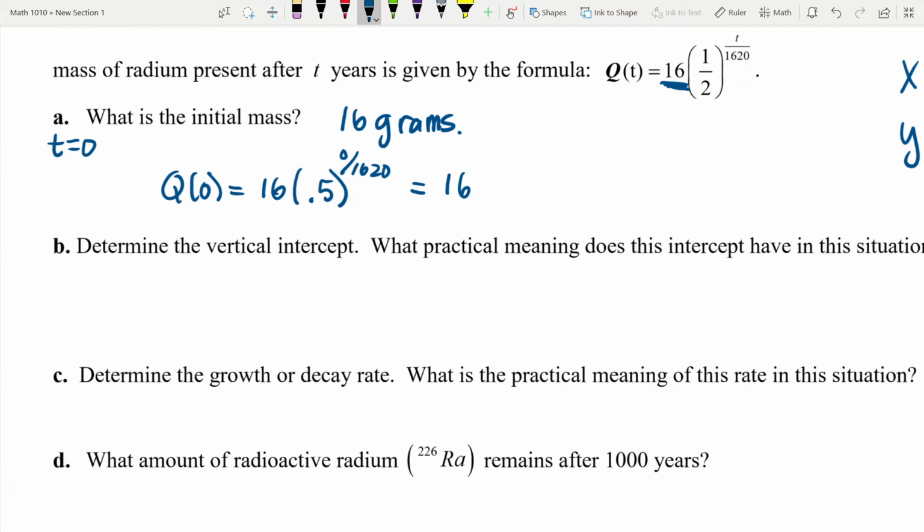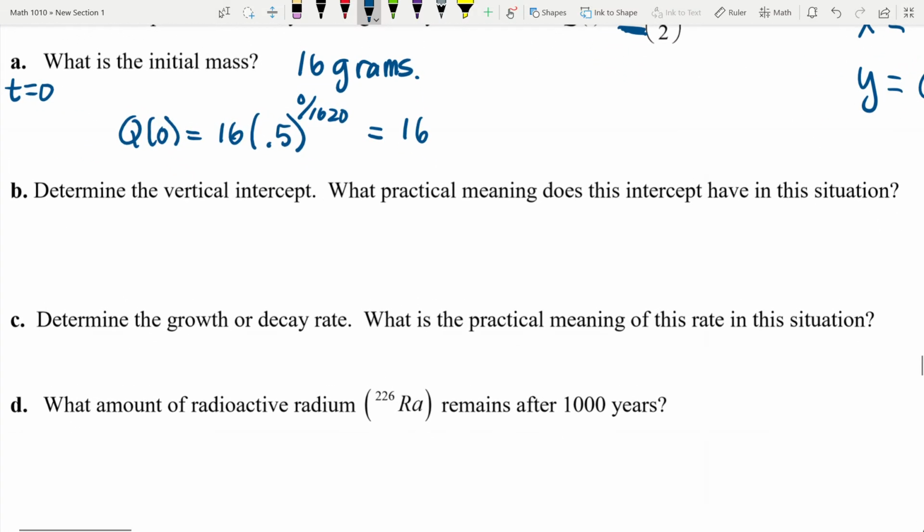Determine the vertical intercept, okay? The vertical intercept, everybody look right here. Is that the X or the Y? What axis is this, X or Y? Y. So to find the Y-axis, you let X be 0. Well, that's what we just did. So if X was 0, then Y is 16. You have to write it as an ordered pair. What does it mean?